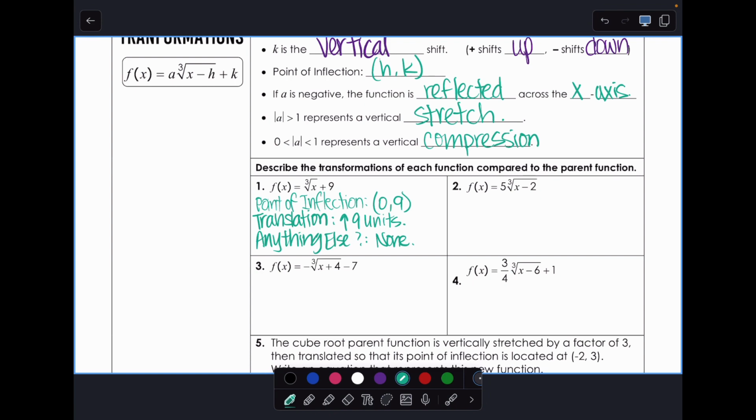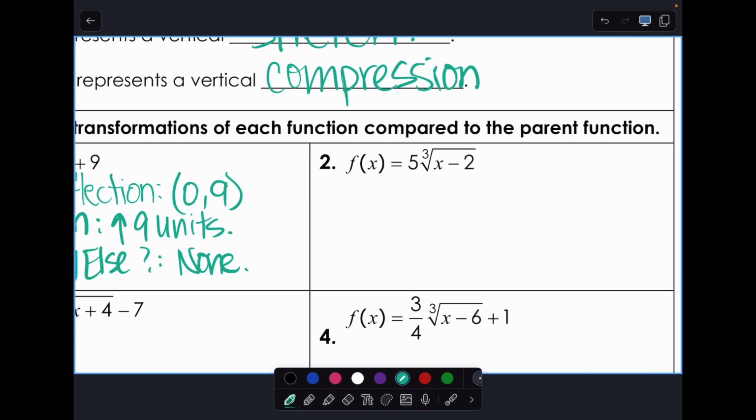Okay? All right, here we go. What about this one? What is my point of inflection? POI. 2, 0. 2, 0. You got it. Translation. Going right. Right 2? Anything else? Up, down, left, right?